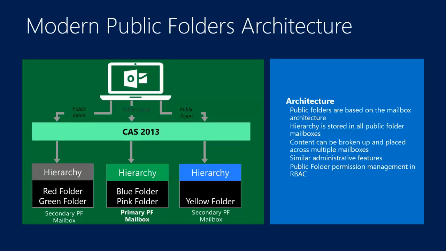And from the content perspective, this can be broken up into multiple mailboxes. So in this example, we have the yellow folder content sitting in the blue public folder mailbox, and we have a blue folder and a pink folder in the green public folder mailbox. So you split it up, and that's the planning area, what you can do.